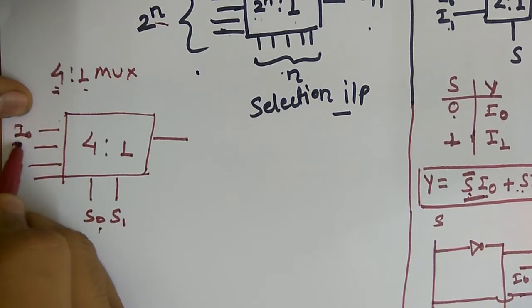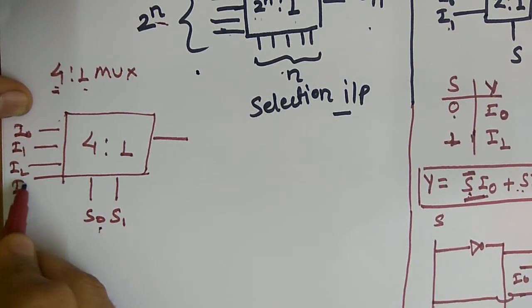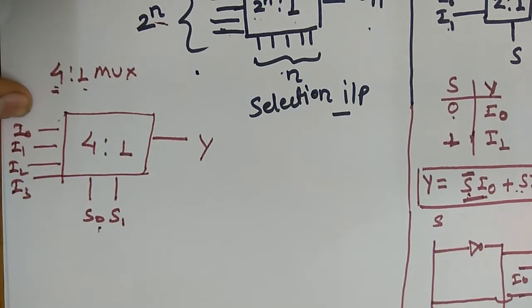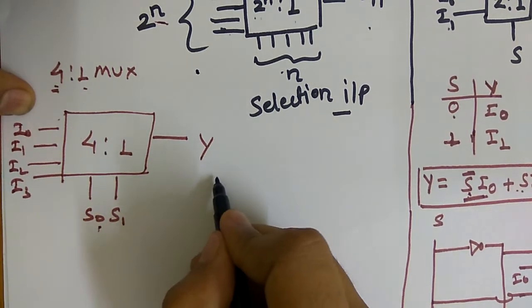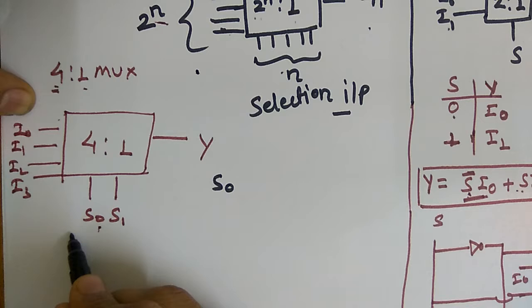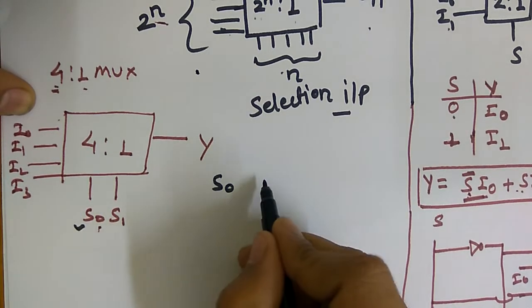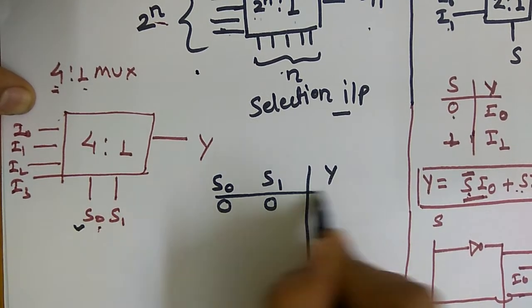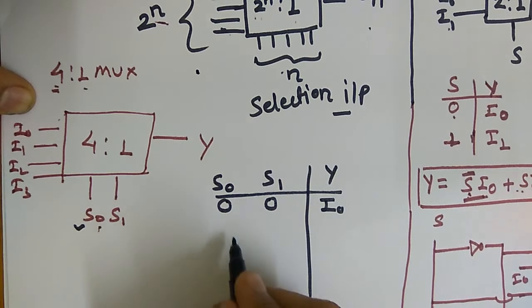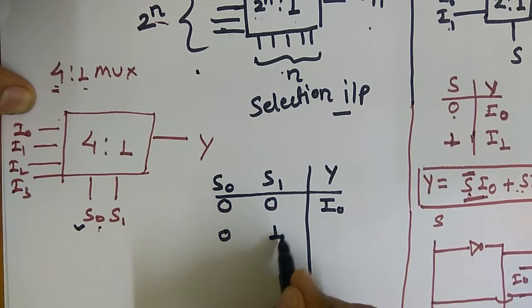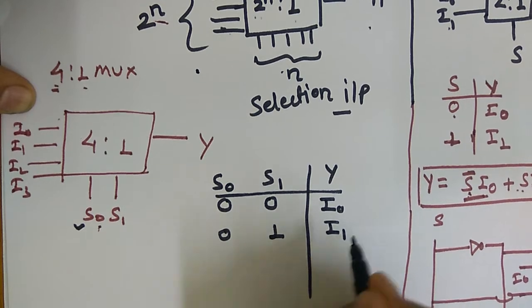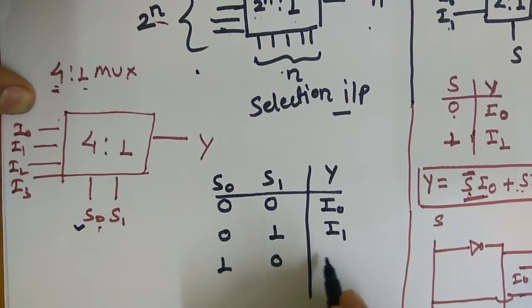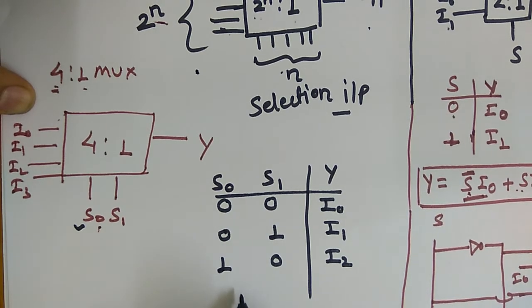This is I0, I1, I2 and I3, and this is Y. Here I have considered S0 as MSB. When both are 0, I0 is selected. When this is 0 and this is 1, this is LSB, so I1. When 1 0, it will be I2. When 1 1, it will be I3.